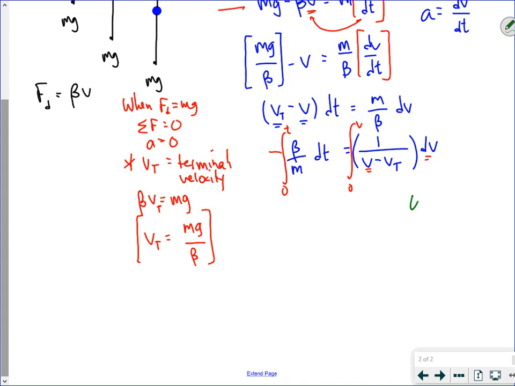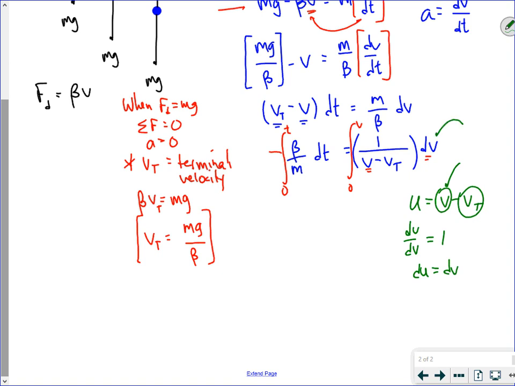Informally, the U-substitution says, let's let u be v minus vt. All right, and then du dv is just 1, because differentiating this is a constant. It doesn't get differentiated, or when it does, it yields 0. But when you differentiate this dv, you get 1. And then that means that du equals dv, or this dv is du.